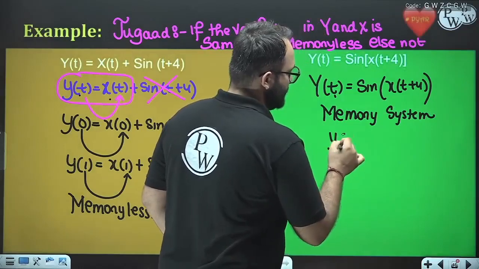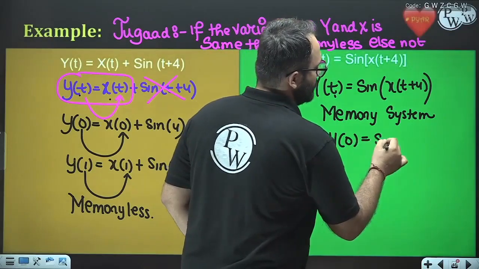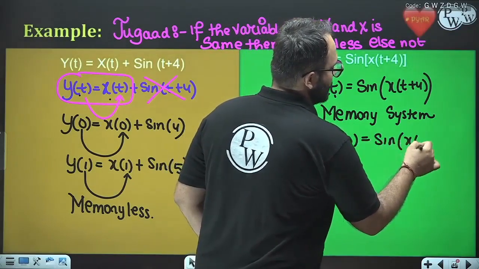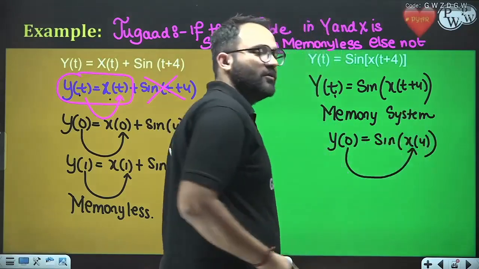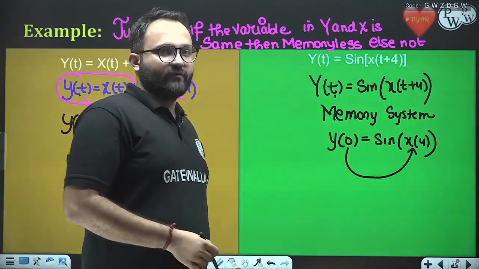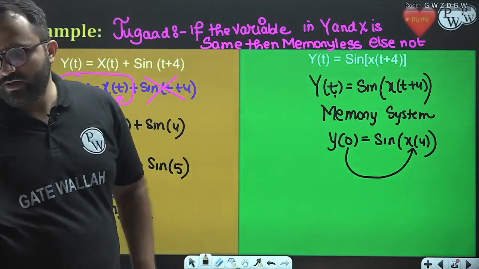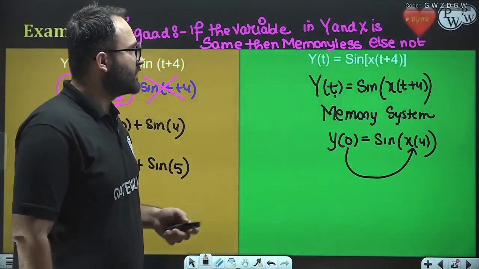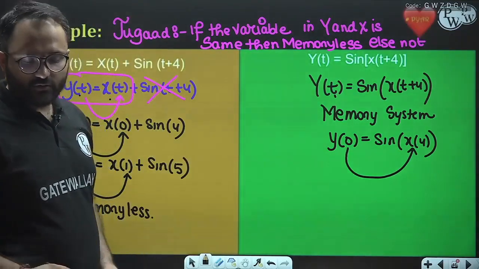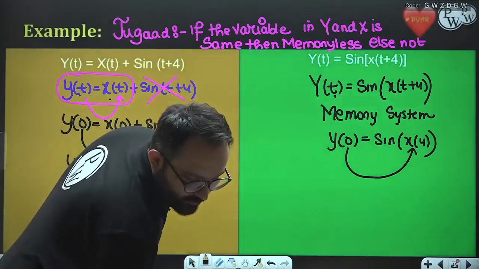Also we can see that y(0) is equal to sin of x(4). So y(0) is dependent on x(4), the future value of input, not the present value of input. So this is a memory system. I hope this is clear to all of you.